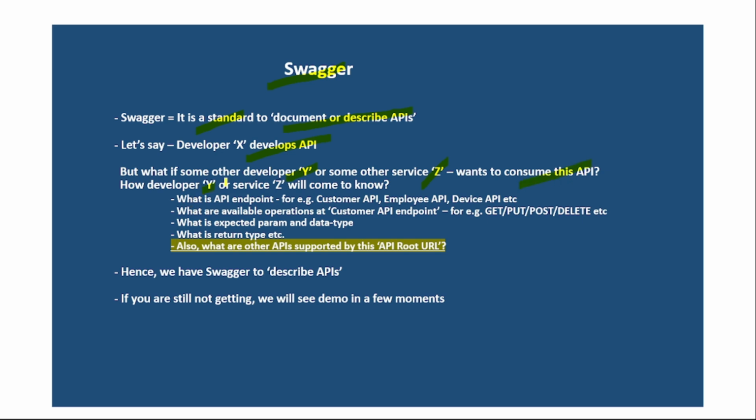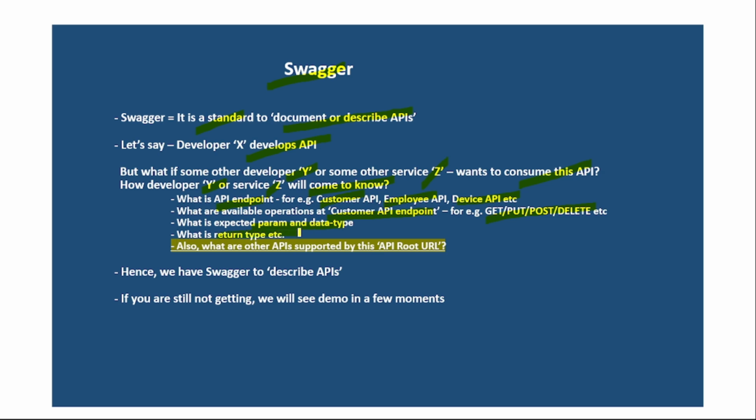So how will developer Y or that service Z come to know what the API endpoint is, that is whether it's a customer API, employee API, device API, etc. What are the available operations at that customer API endpoint, whether get, put, post, delete. Then what is the expected parameter and data type, what is the return type, etc.